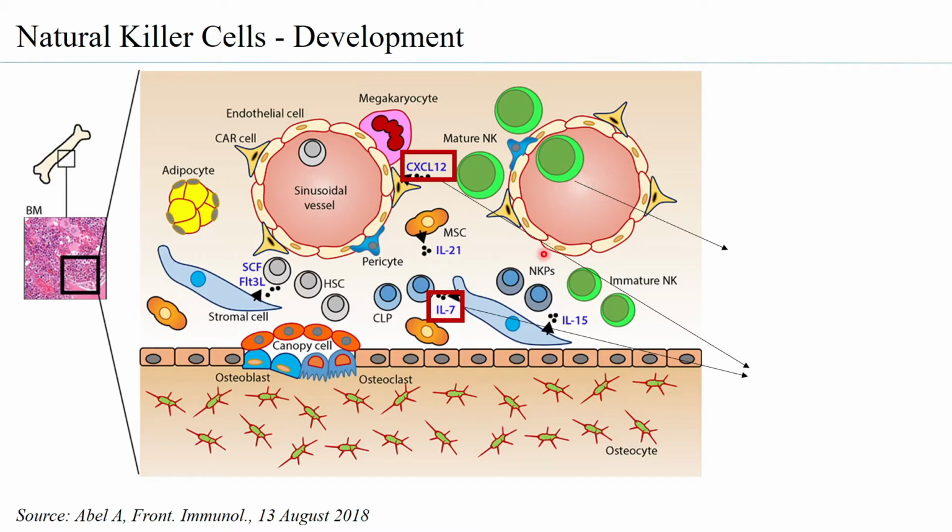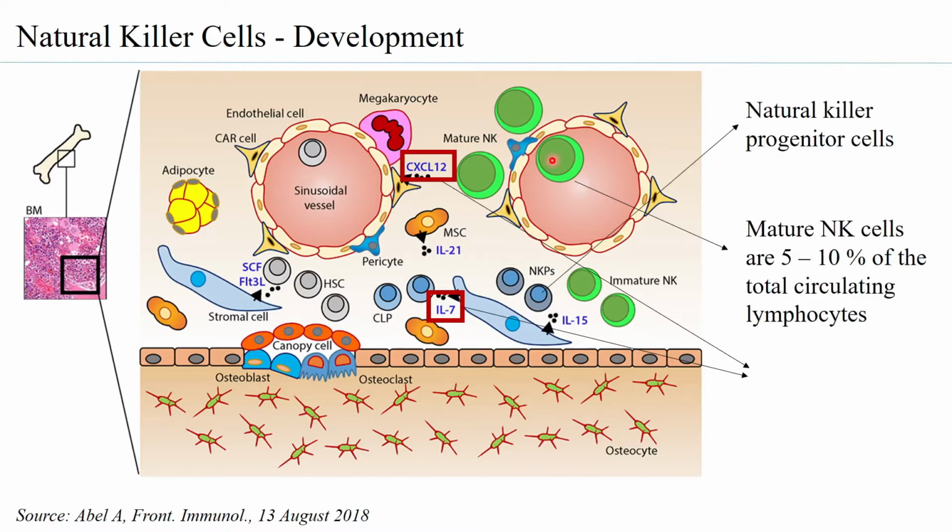So here effectively what has been observed is that common lymphoid progenitors and the CAR cells play an important role in the development of the natural killer cell. Of the progenitor cells which give rise to natural killer cells, about 5 to 10% of the total lymphocytes that circulate in the blood are natural killer cells.